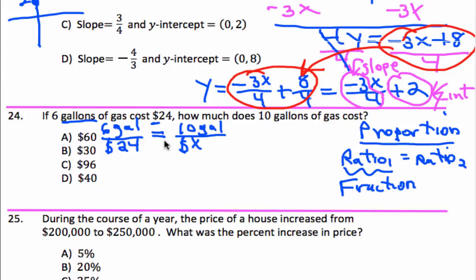By cross multiply, I mean we multiply along each diagonal. One diagonal gives us 6x. The other diagonal gives us 24 times 10. I've avoided multiplying 24 by 10 to make the reducing process easier. So at this point, I divide both sides by 6.